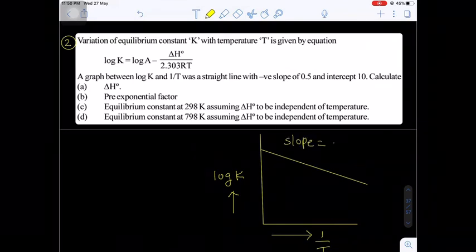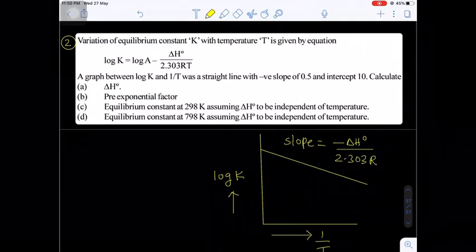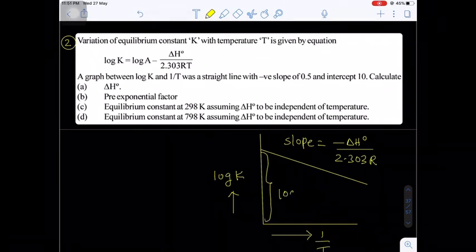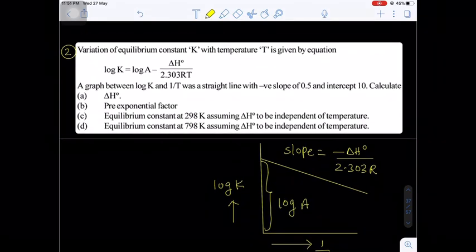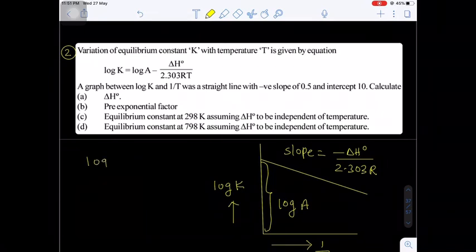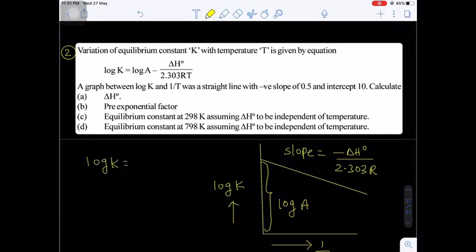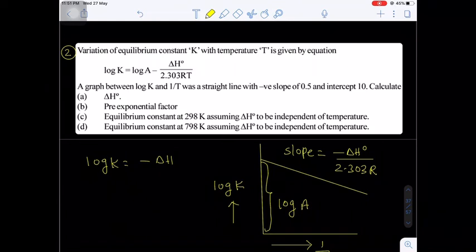What is the slope here? Minus delta H naught divided by 2.303 capital R. Now what is the intercept here? Log A.